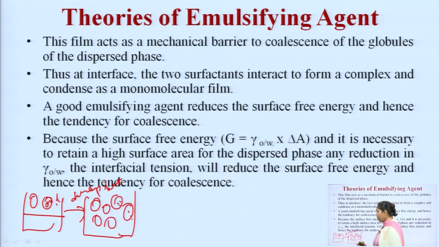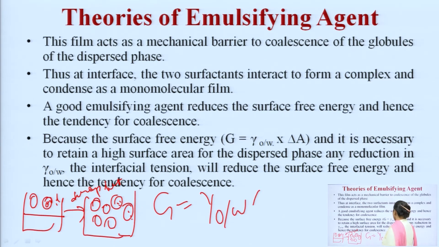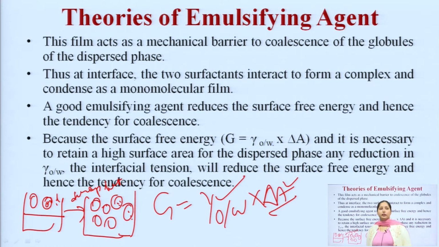The surface free energy is G equal to lambda oil in water into delta A, where lambda is the interfacial tension between the oil and water and delta A is the change in area.